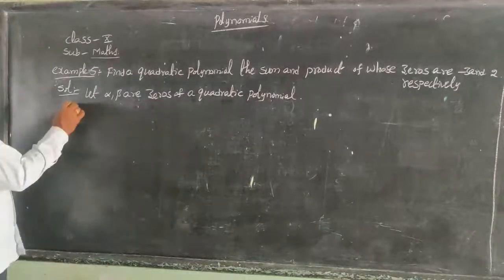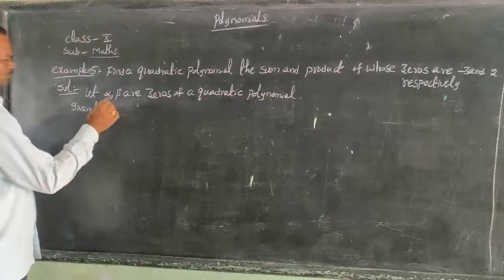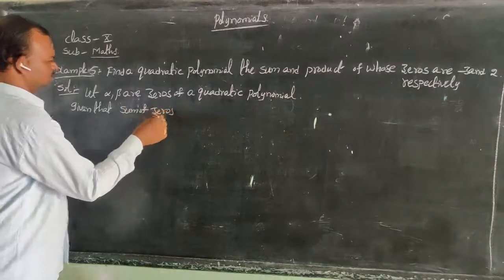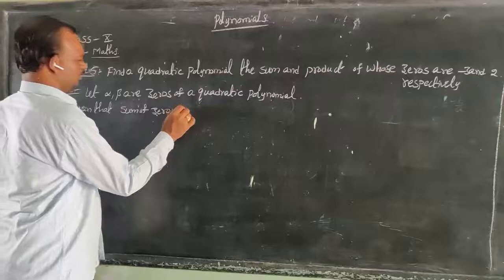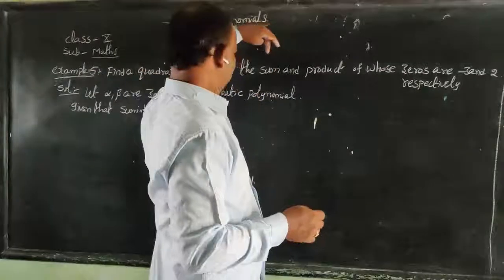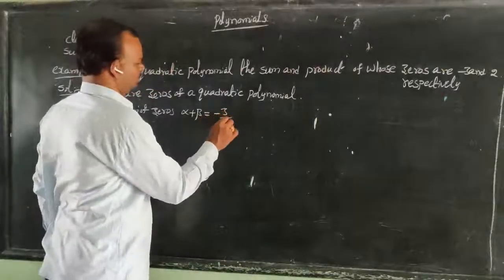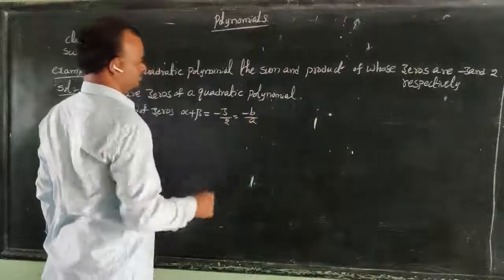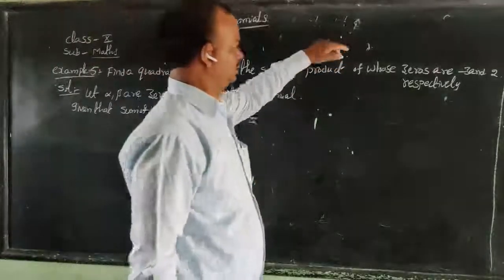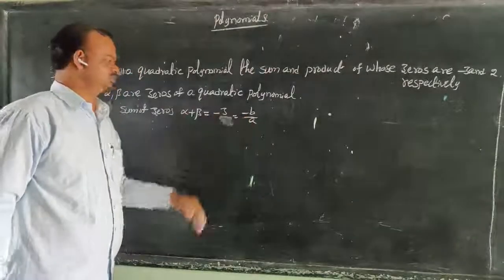Here given that the sum of zeros, alpha plus beta, is equal to minus 3, which is equal to minus b by a.